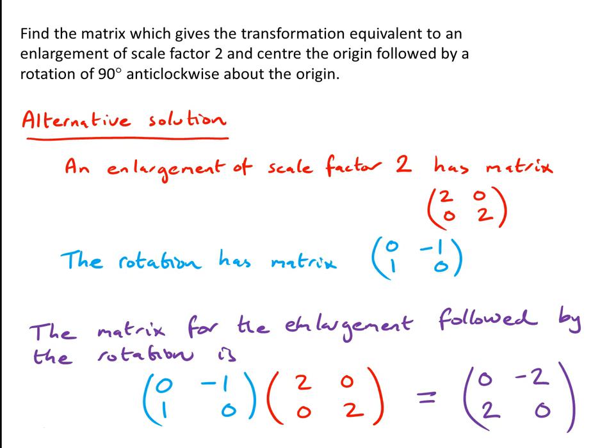For the top right entry, we've got 0 times 0 plus minus 1 times 2, which gives me minus 2. And the bottom right entry is 1 times 0 plus 0 times 2, which is 0. And that's exactly the same answer as we obtained earlier in this video. Two different methods of doing the same thing.